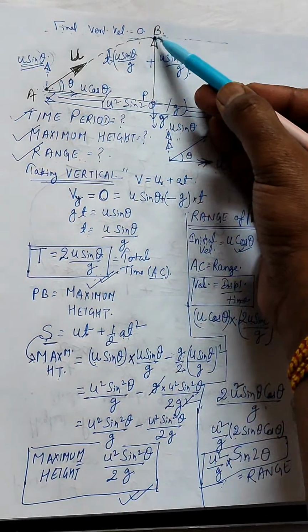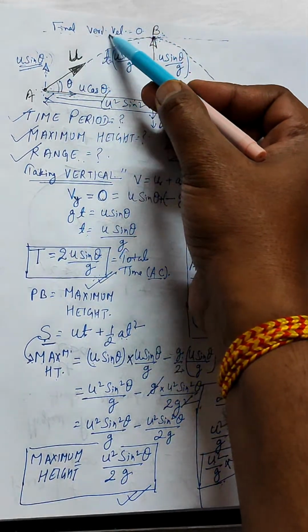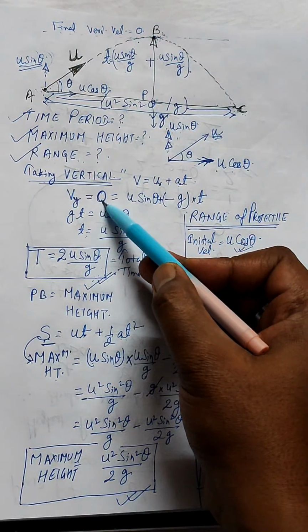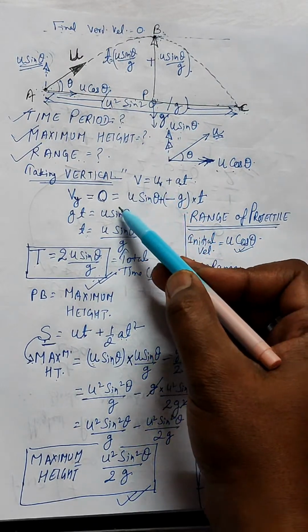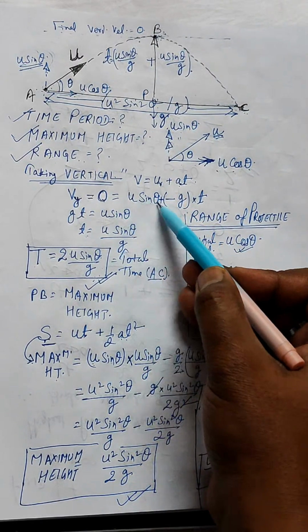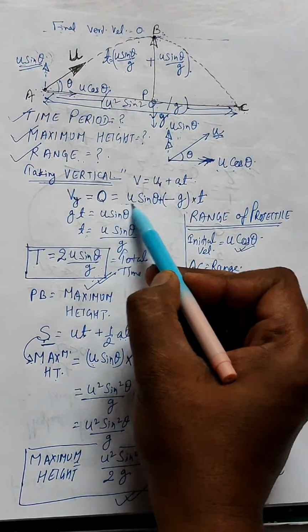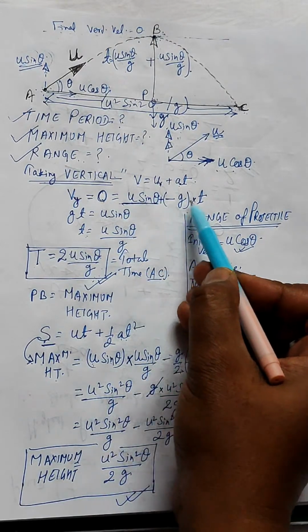Since at this point the final vertical velocity is 0, we put Vy as 0 and equated it with u plus at, and in place of u it will be the vertical initial component, that is u sin theta, so u sin theta plus gt.